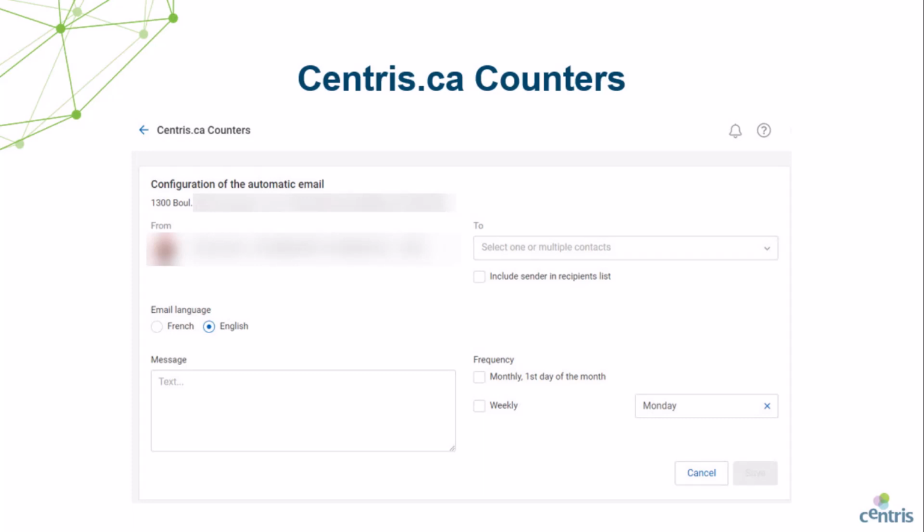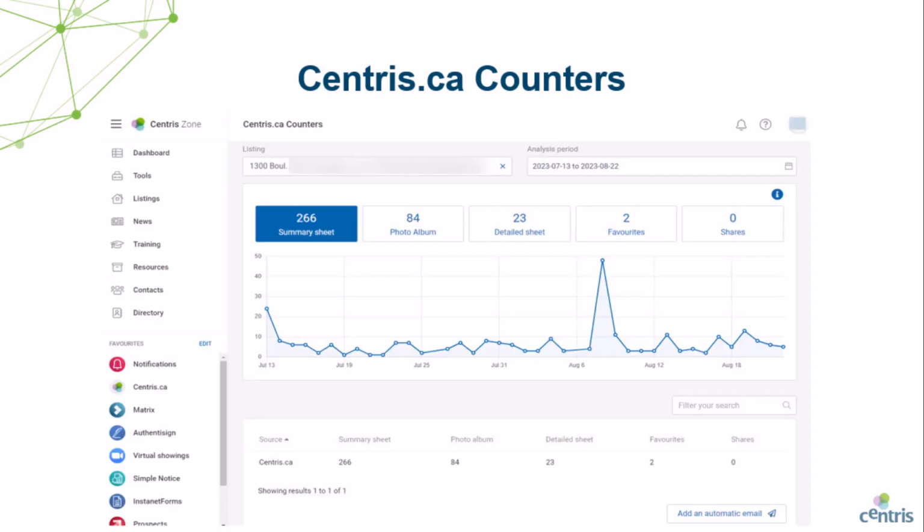If you haven't sold the property and it's been a few months and you're sending these counters to your clients, they'll see the sharp decline eventually after a few months, where there will be almost no activity or clicks on any of the different options on the ad here.